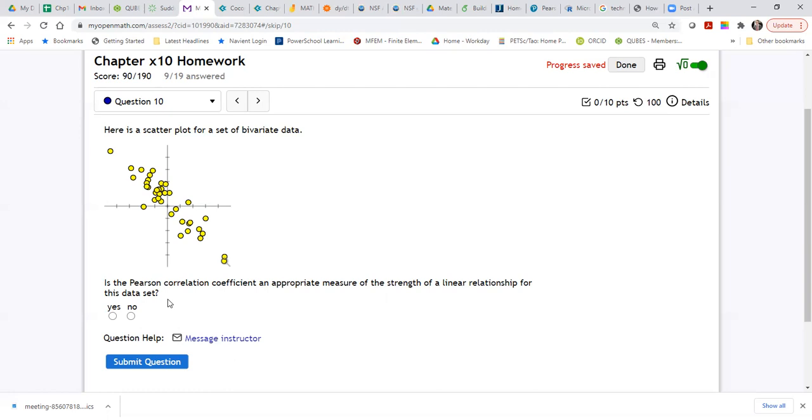The answer is yes, right? But it's a negative, strong linear correlation, okay? Because the data is scattered really close to a straight line, okay?